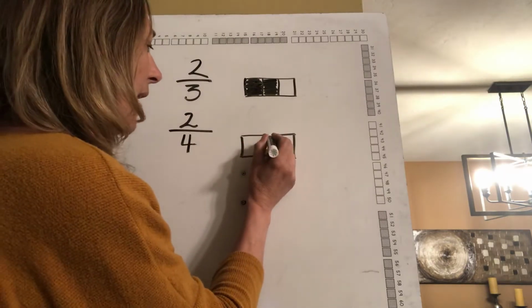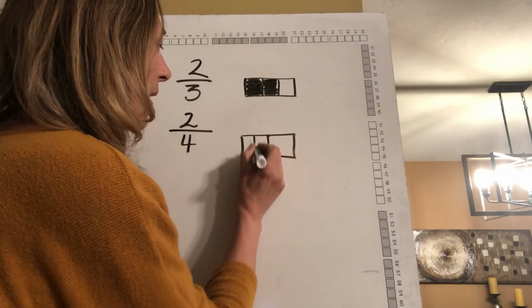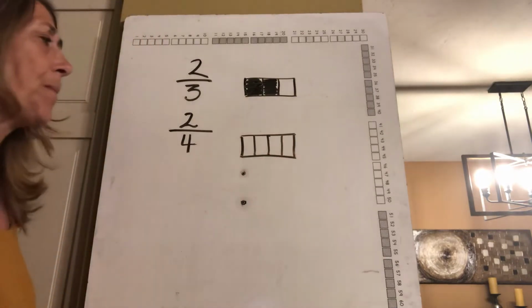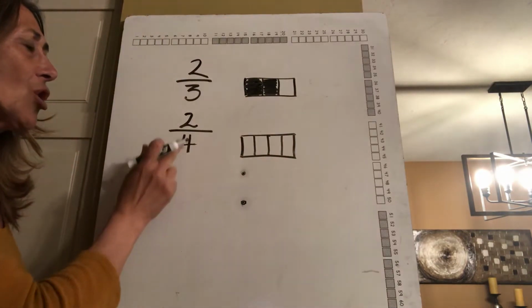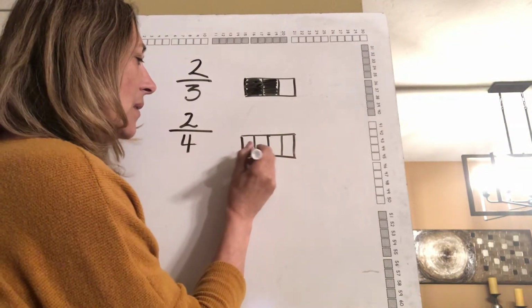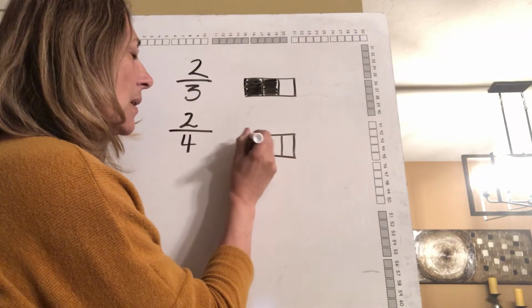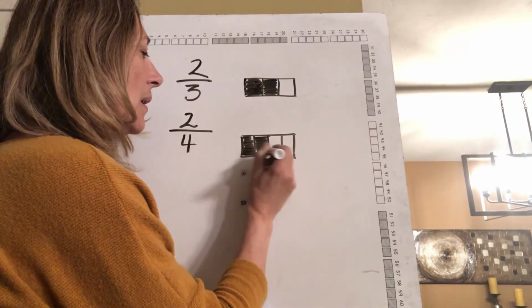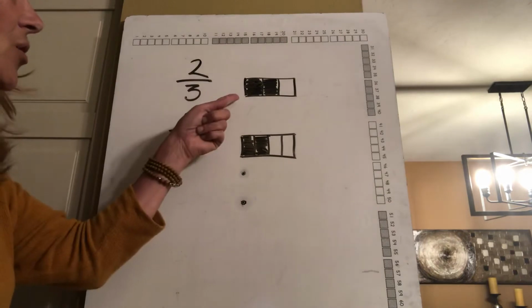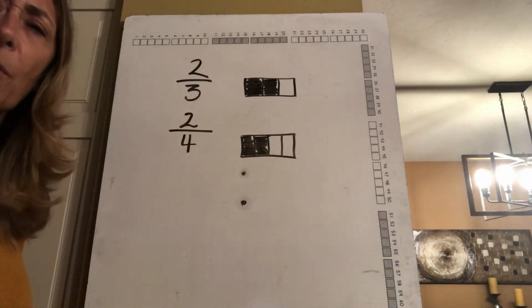First I'll go in half, and then I'll go half more. So now I'm talking about 2 out of the 4 pieces. There's 1 and 2. So I'm looking at 2/3 or 2/4.